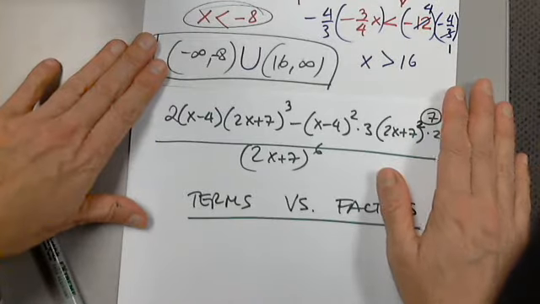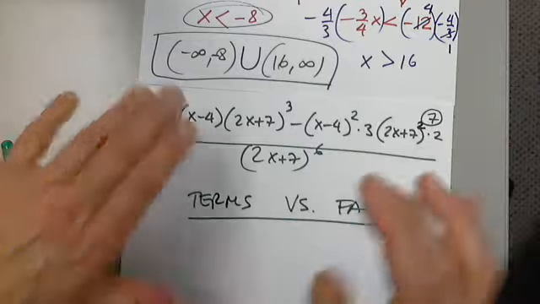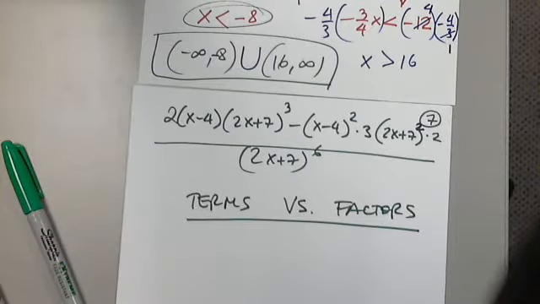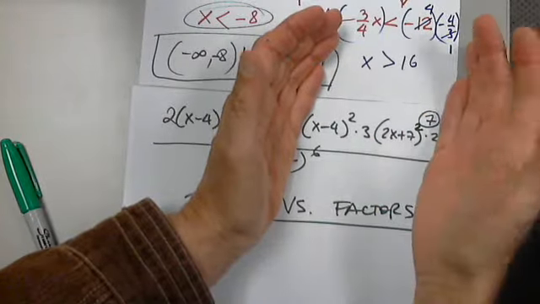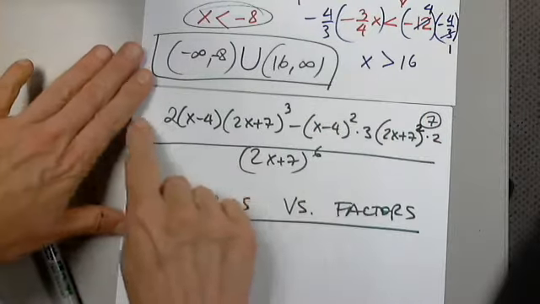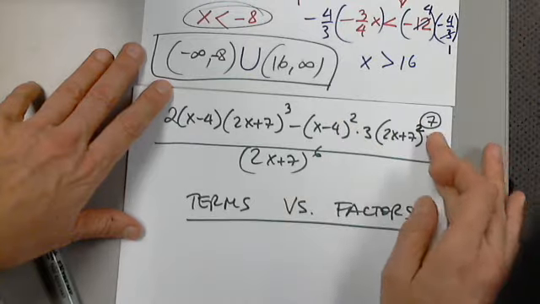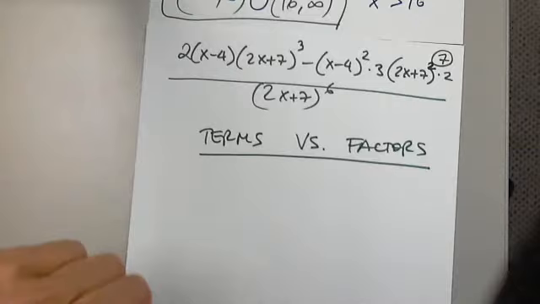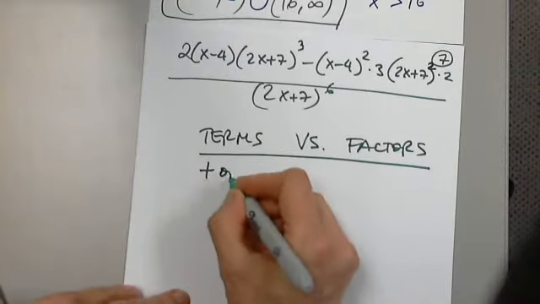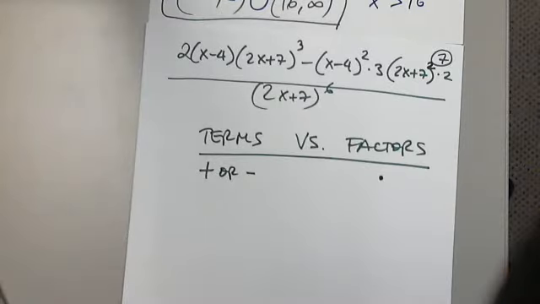A product minus a product. So we have 2 terms. Exactly 2 terms. A product with several factors, another product with several factors, and they are subtracted. This is all one term till I get to a sum or a difference, and this is all one term because they're all multiplied. So terms are added or subtracted, but factors are always multiplied.